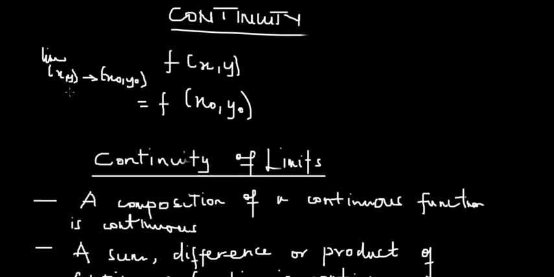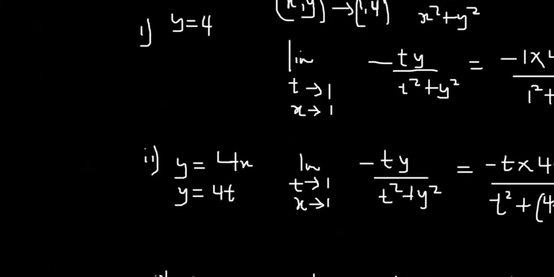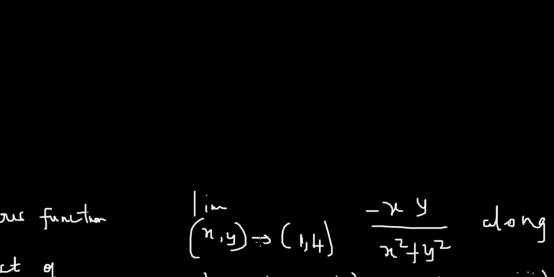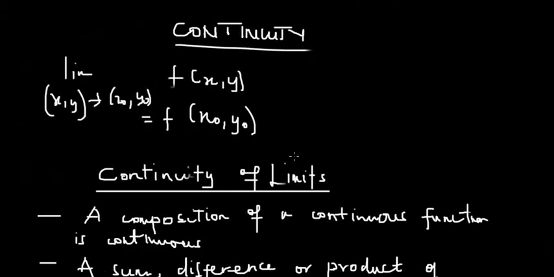So for continuity, we have the limit of the function of x and y. Once we substitute the values x naught and y naught, just like how we've been substituting over here, you end up with a specific value, and that specific value will tell you whether your limit is continuous or not.